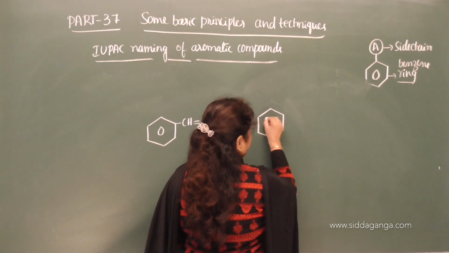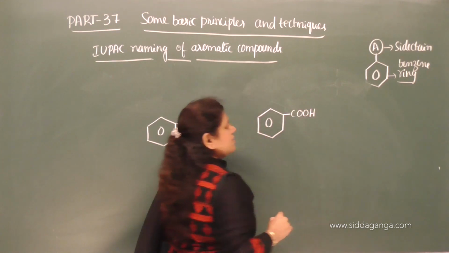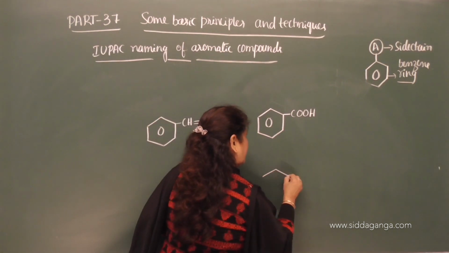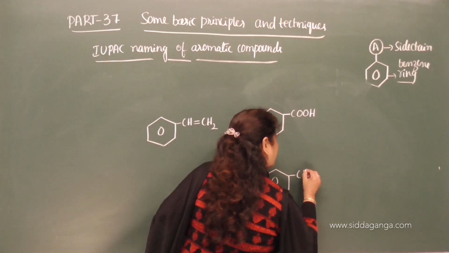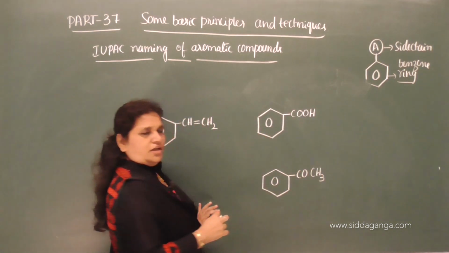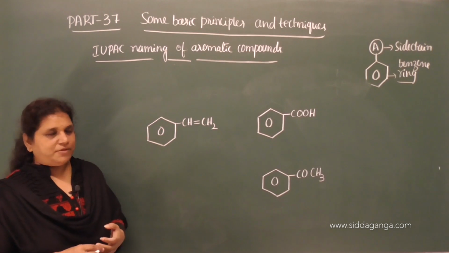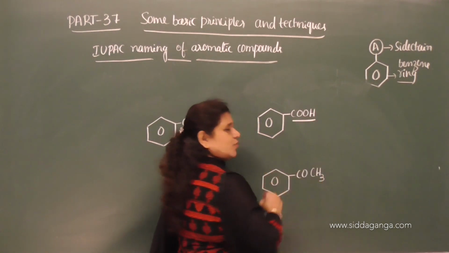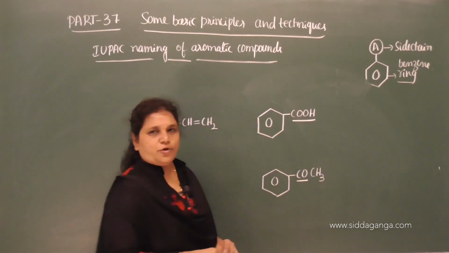See here, a benzene ring which contains a COOH group, and a benzene ring which contains a COCH3 group. So, in the side chain we have a multiple bond here. In a side chain we have a functional group here, correct? In the side chain again we have a functional group.